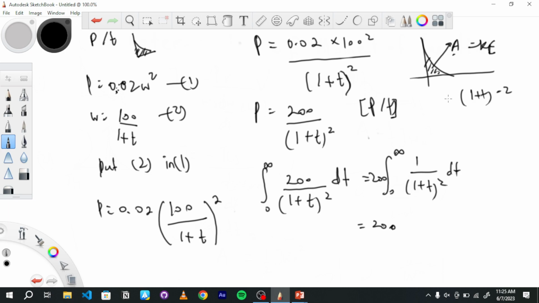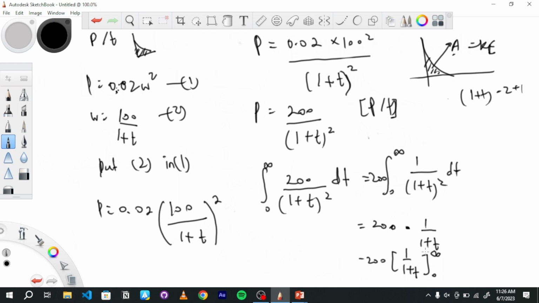So I'm adding 1 to the power here, right? And we divide. So I'll be left with negative 1 over 1 plus t. I'm left with minus 200 times 1 over 1 plus t from 0 to infinity.